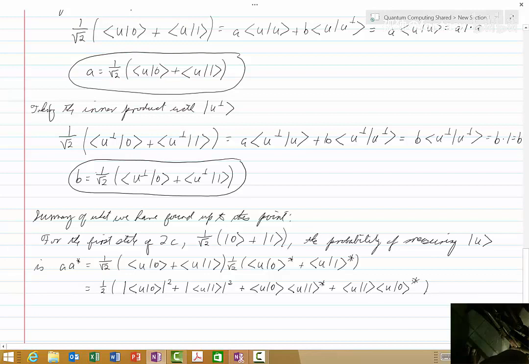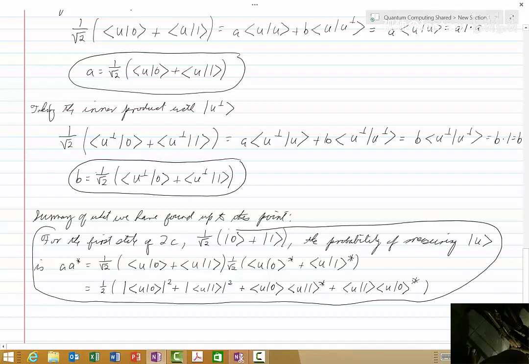And that, again, is the probability when we measure the first state. That's the probability of measuring U.